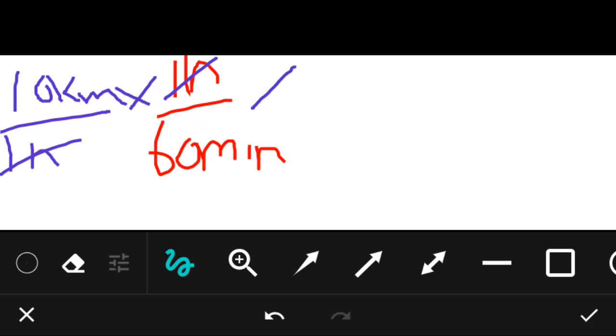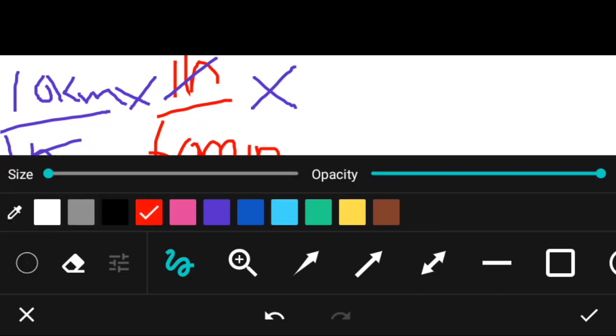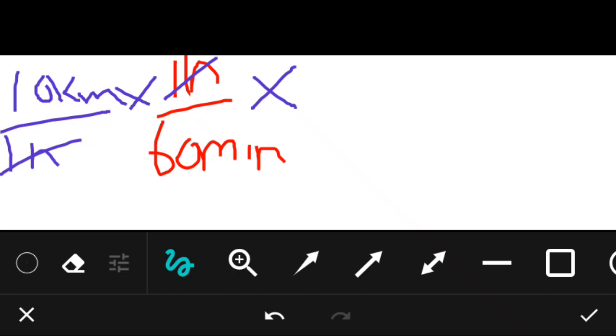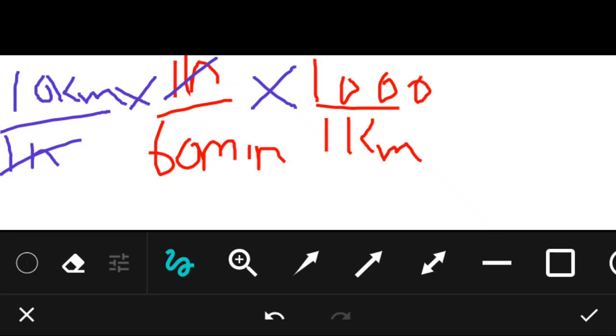Then again we multiply times, what are we going to multiply with? Here we have changed hour to minute. Now let's change the kilometer to meters. You ask yourself, how many meters make up 1 kilometer? You agree with me to say 1 kilometer is equivalent to 1000 meters.